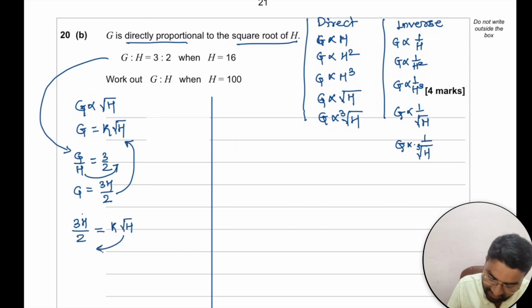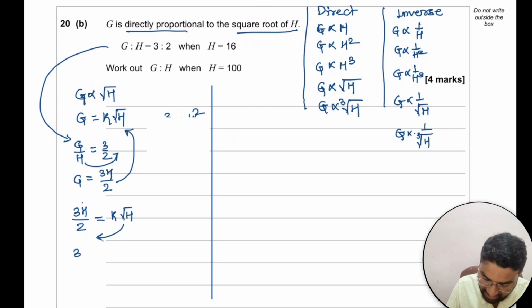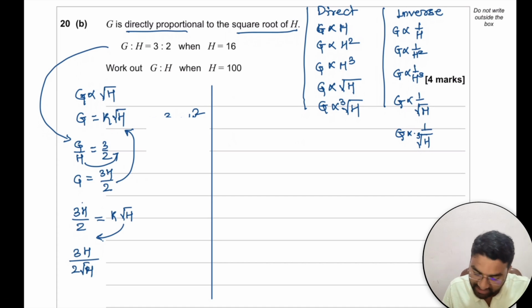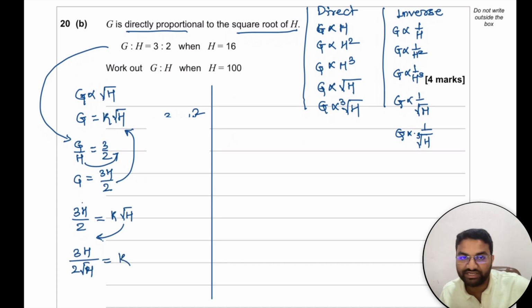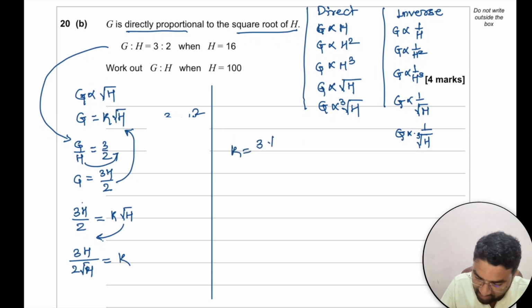And if you divide, it's 3H upon 2 root H. This H can be written as square root of H times square root of H, and we can write K is equal to 3 square root of H over 2.